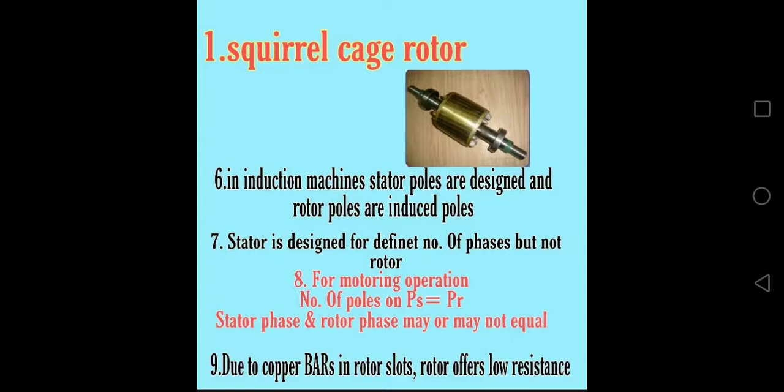For example, to produce 4 poles on the stator, the stator will be designed for 4 poles, that means a definite number of poles. To produce 6 poles, the stator winding must be designed for 6 poles. But here in the induction machine, the rotor is not designed for any particular number of poles, because the number of poles on the stator is automatically induced on the rotor by the induction process.